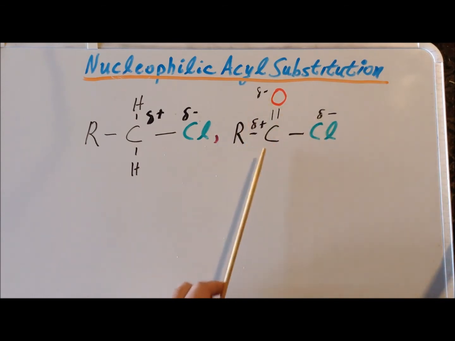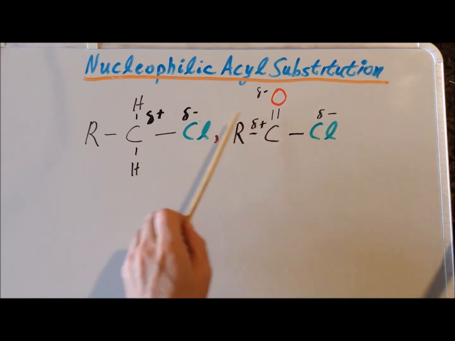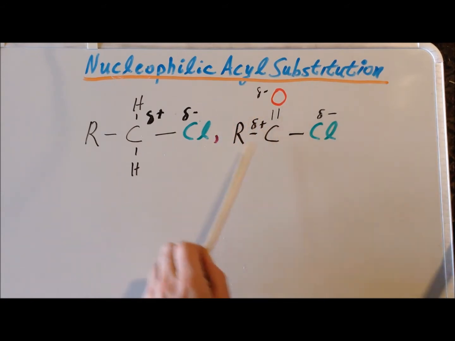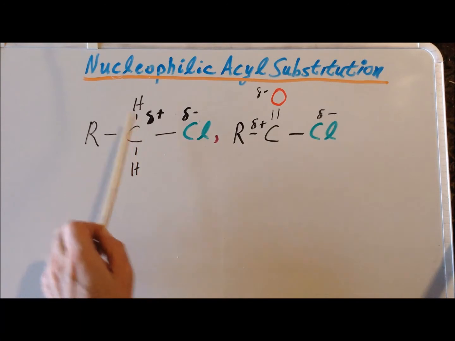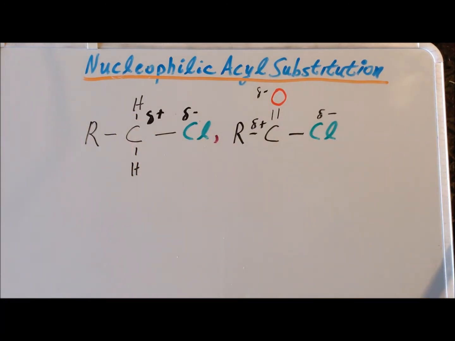In the acid chloride, carbon is attached to two electronegative elements, and we have seen before when we look at the effect of electron withdrawing groups that the effects are cumulative. So having twice as many electronegative elements means an even greater effect on carbon. Carbon is even more electron deficient in the acid chloride than it would be in the chloroalkane. And since it's even more electron deficient, it is even more subject to nucleophilic attack in the acid chloride than it is in the chloroalkane.